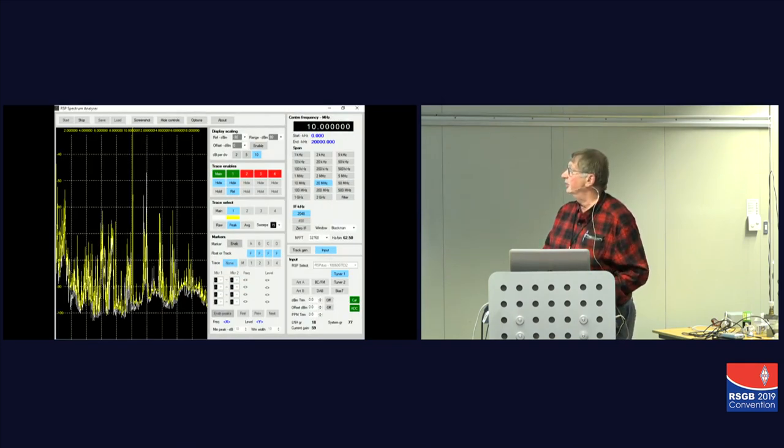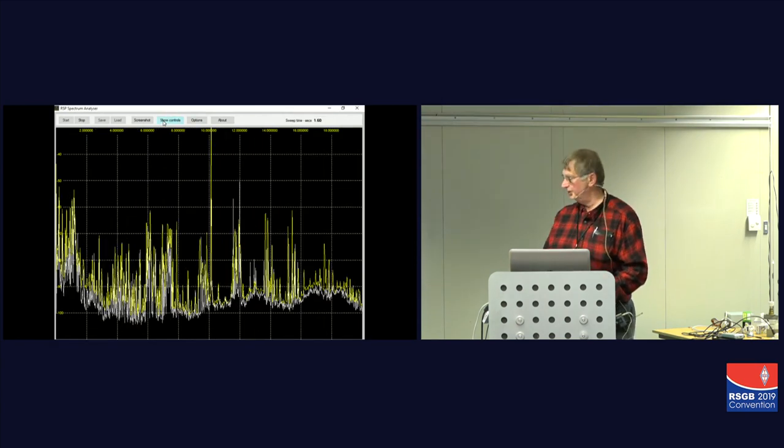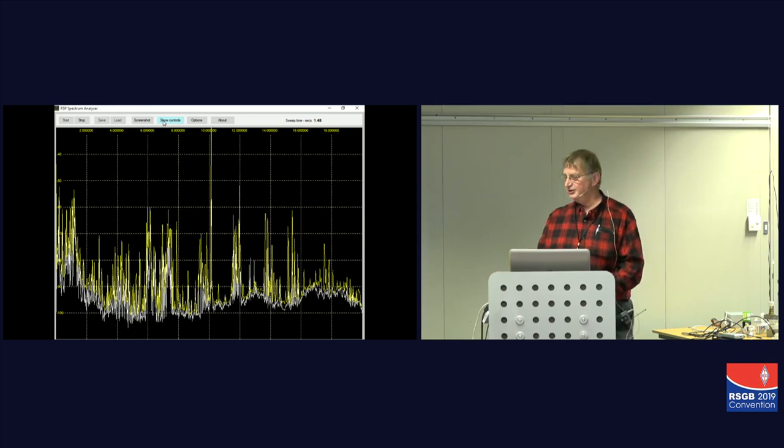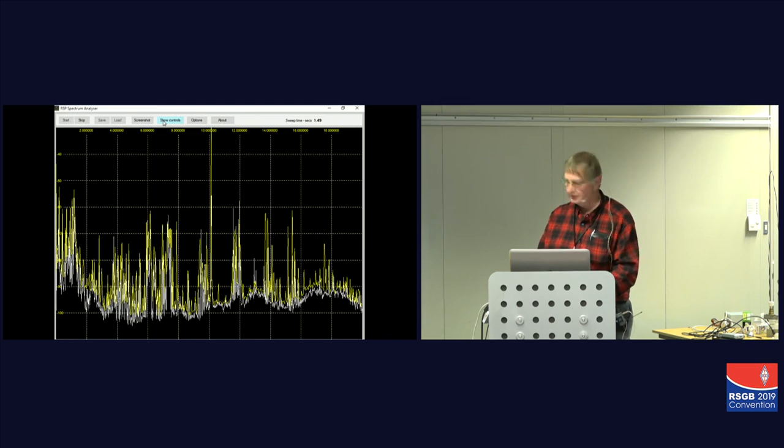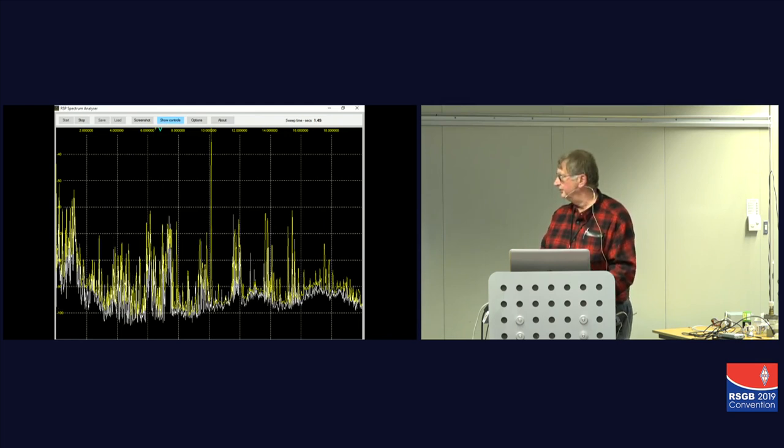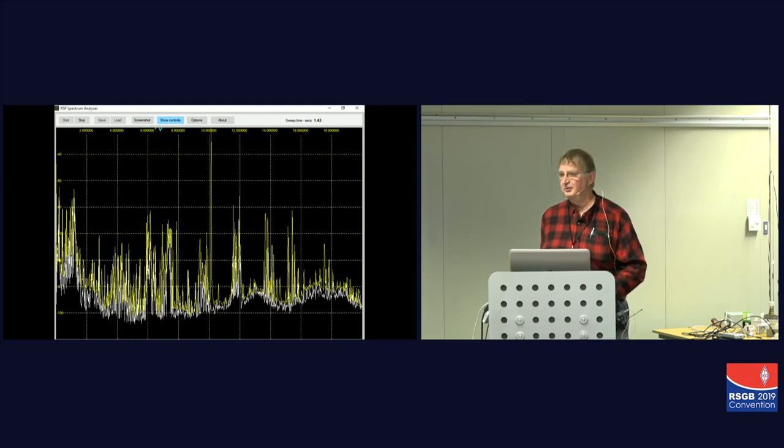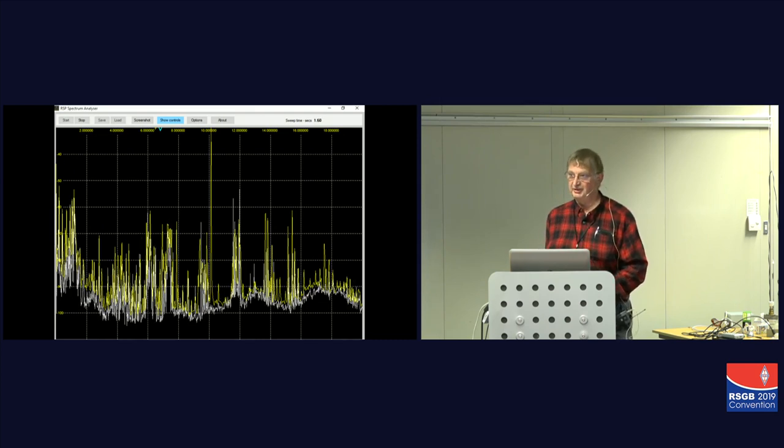Then what you can do is, if I get rid of the controls so you can see the whole thing, very simple test setup like this, and we're looking at the screen, and all of a sudden all this interference appears. You see it? You could spend a long while looking for that if you didn't work out it is what happens when you touch the touchpad on your PC.